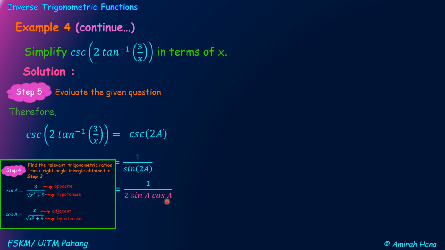From step 4 in the previous slide, we get sine A equals 3 over square root of x squared plus 9 and cos A equals x over square root of x squared plus 9. So we can substitute here. Now we have 1 over 2 times 3 over square root of x squared plus 9 times x over square root of x squared plus 9.